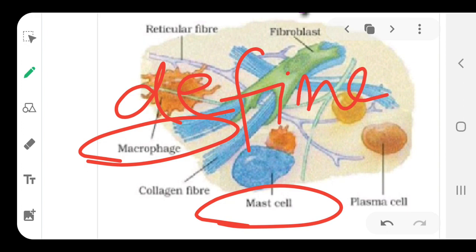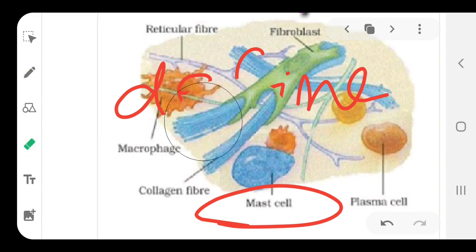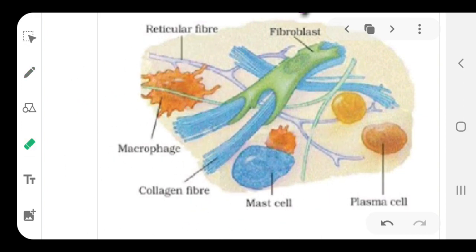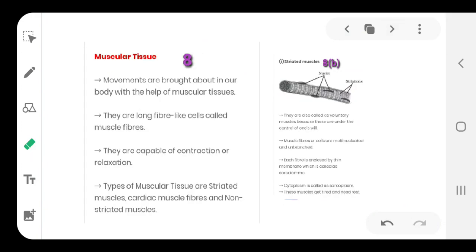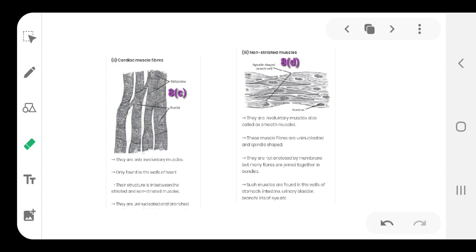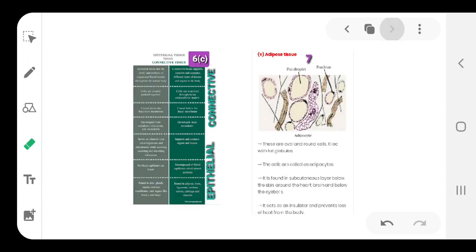See what macrophages are. Nowadays we need them more, and they protect the body. Then after the areolar tissue, we'll move to the adipose tissue first and then come back to it.